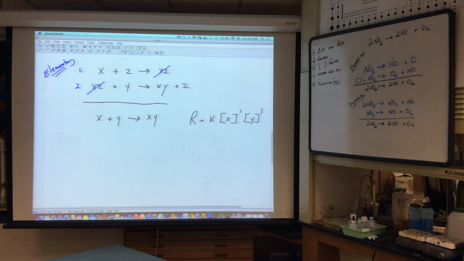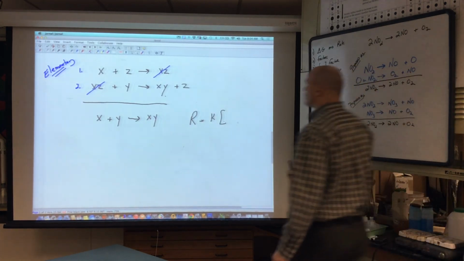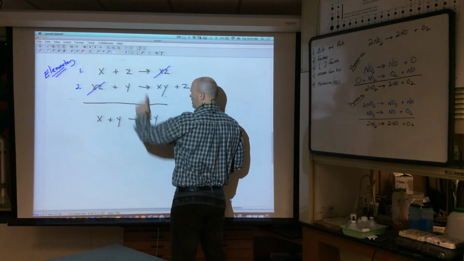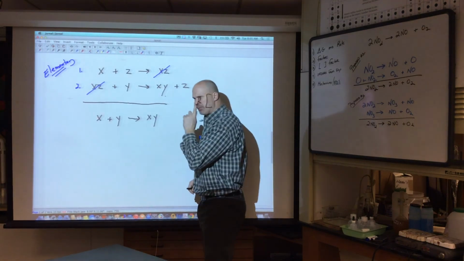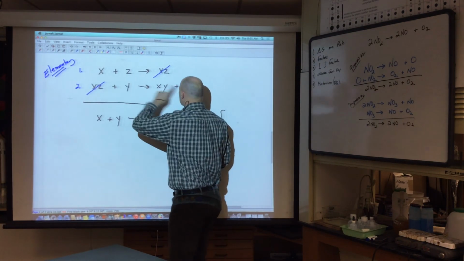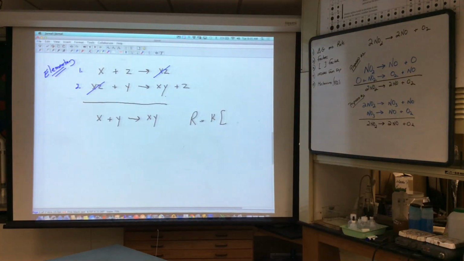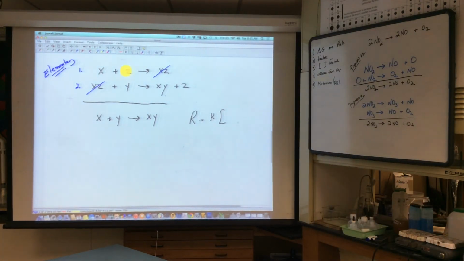Let's say we did the experiment and it showed the following. Well, let's think about this. What's going on here? X and Z come together. Z is not part of the equation, but Z gets reproduced. What do we call this?